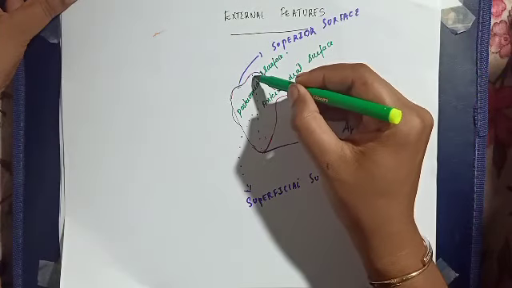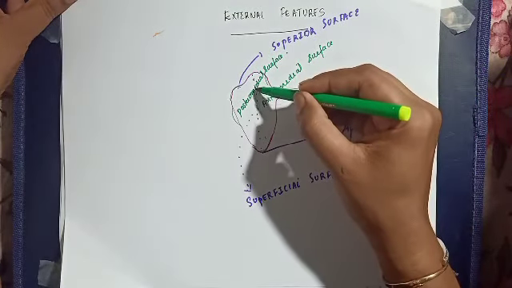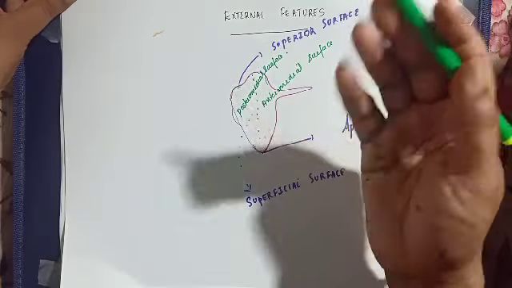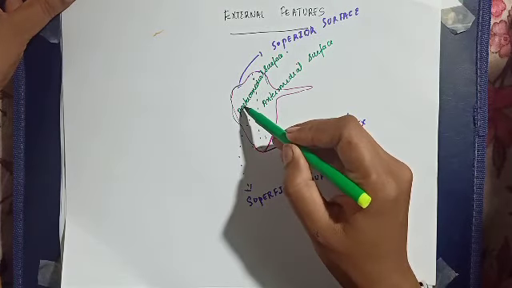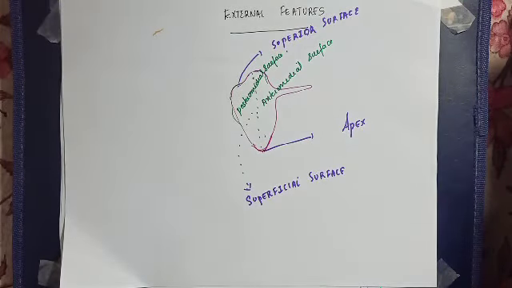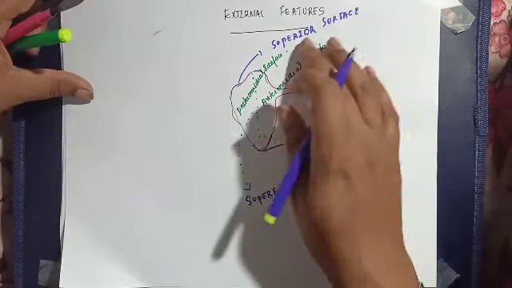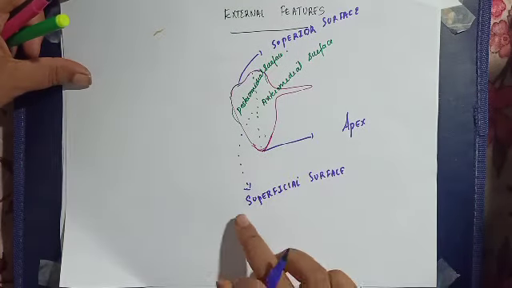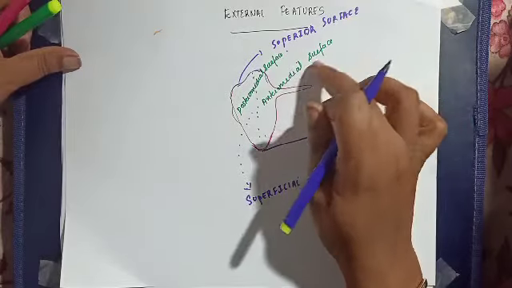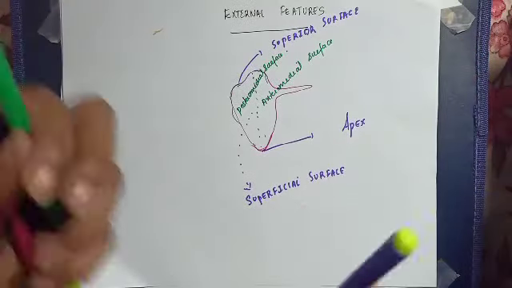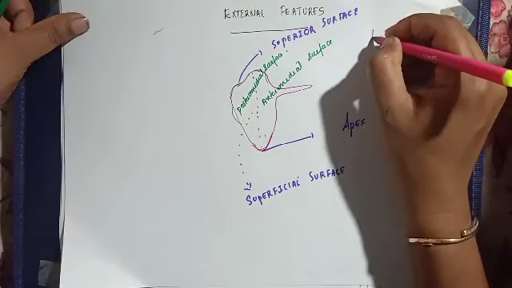And we have said that on the medial aspect there is a medial border which is separating the medial surface into anteromedial and posteromedial surfaces. So these are the surfaces, that is superior surface, superficial surface, anteromedial surface and posteromedial surface. Now what about the borders?